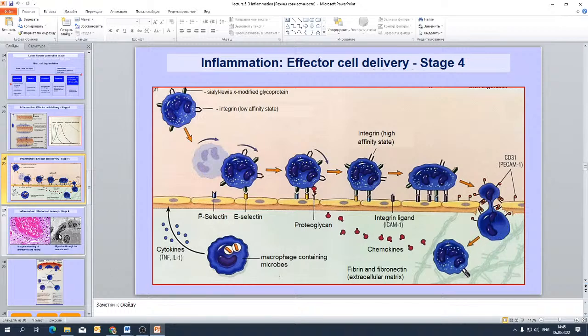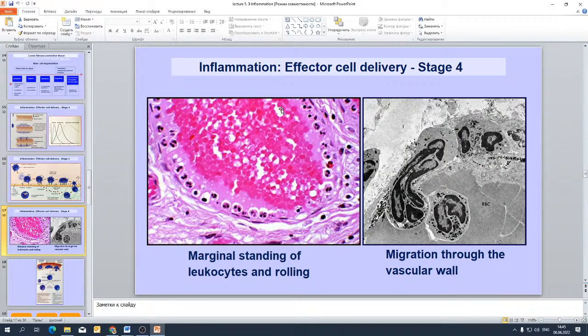In the next picture you see marginal standing of leukocytes and rolling. Rolling is the process where leukocytes localized around endothelial cells then move on the endothelial cells. And this is an electron microscope photo.